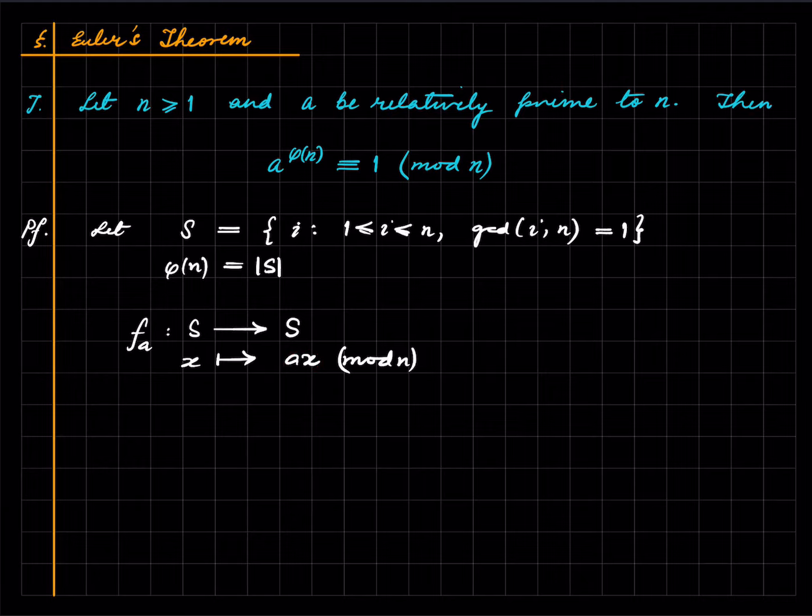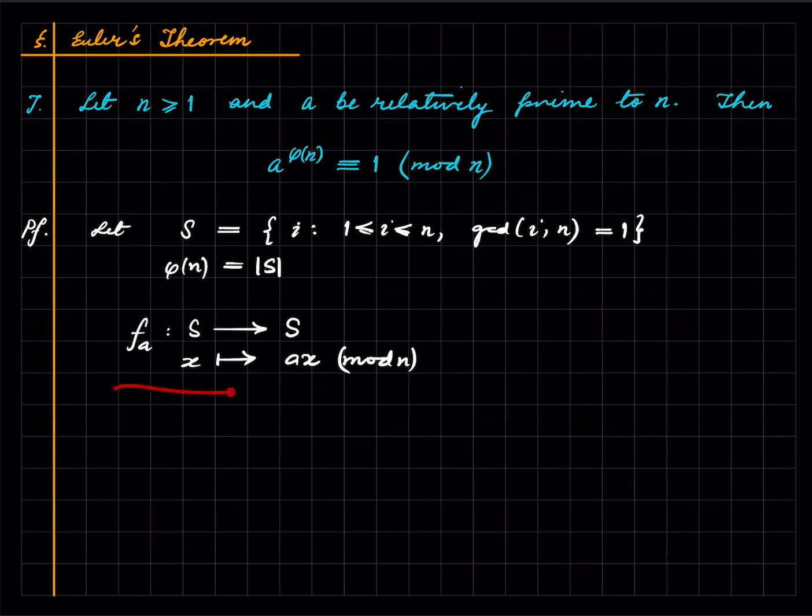And one has to just realize that indeed this lies in S, because this thing lies in the set 0 up to n minus 1. But since x and a are both relatively prime to n, so is ax. And therefore, the remainder that you get once you divide by n is also relatively prime to n. And therefore, this lies actually in S.